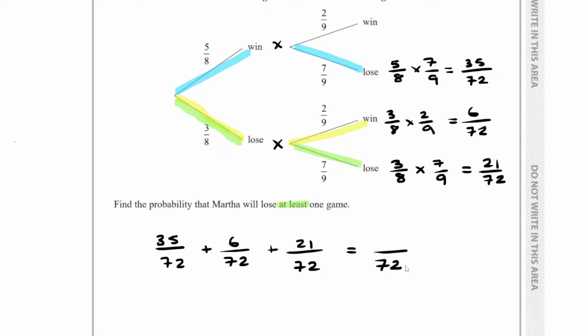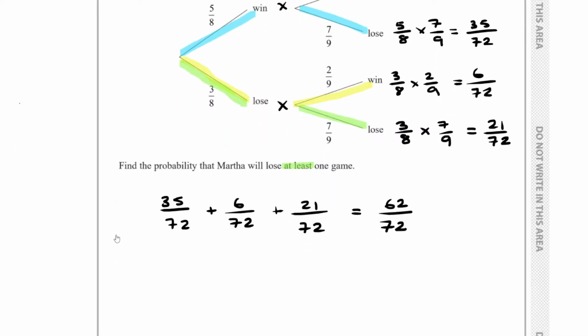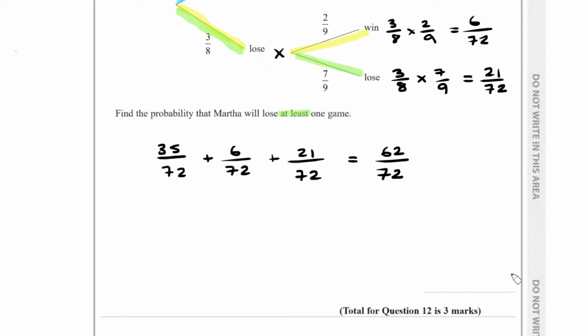And then we just want to add the numerators, which we should get 62. Okay. Again, you could simplify that if you want to, but for probability, they don't normally really care if you simplify it, so I normally just leave it as it is. 62 over 72. And I wouldn't bother with a decimal either, just leave it as a fraction.